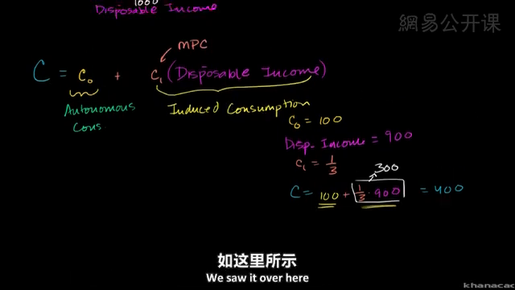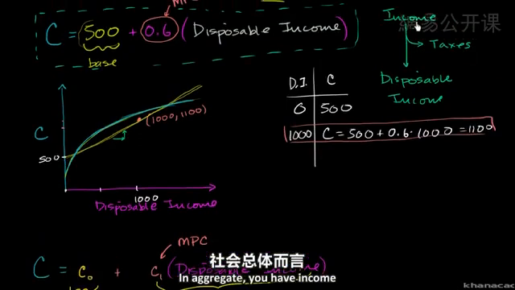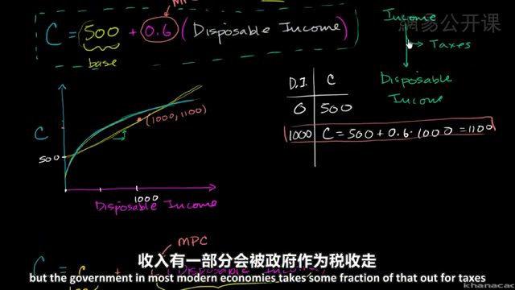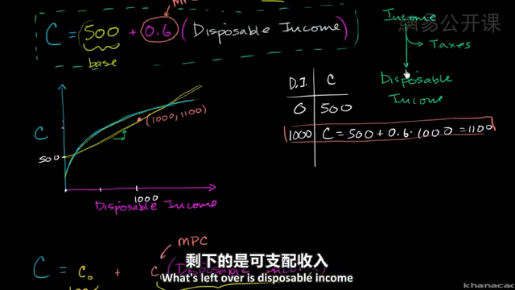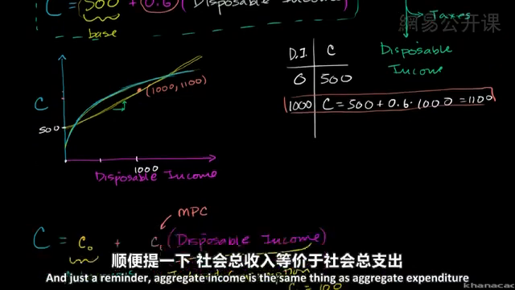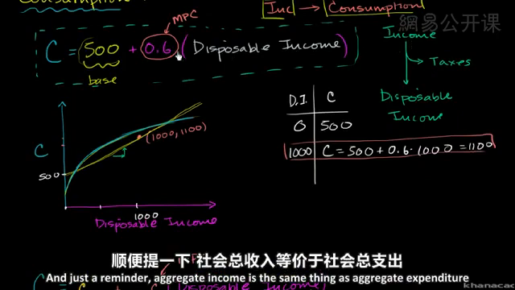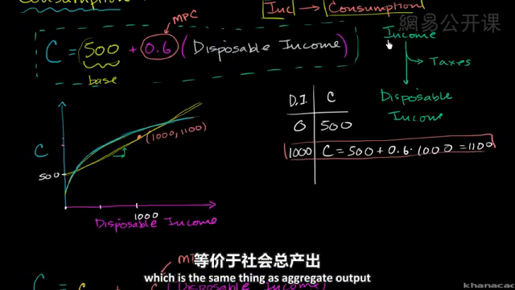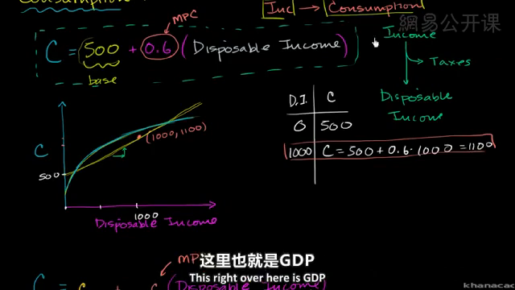In aggregate, you have income, but the government in most modern economies takes some fraction of that out for taxes, and what's left over is disposable income. And just a reminder, aggregate income is the same thing as aggregate expenditures, which is the same thing as aggregate output. This right over here is GDP.